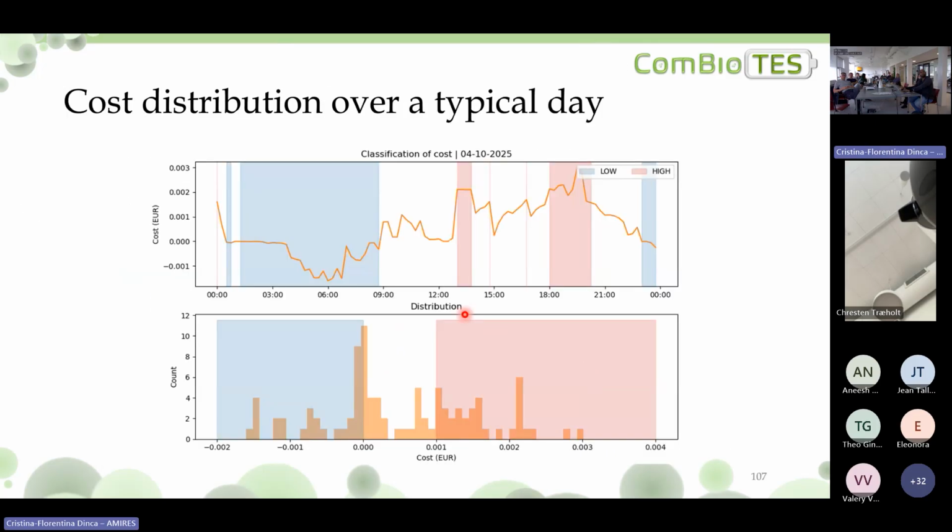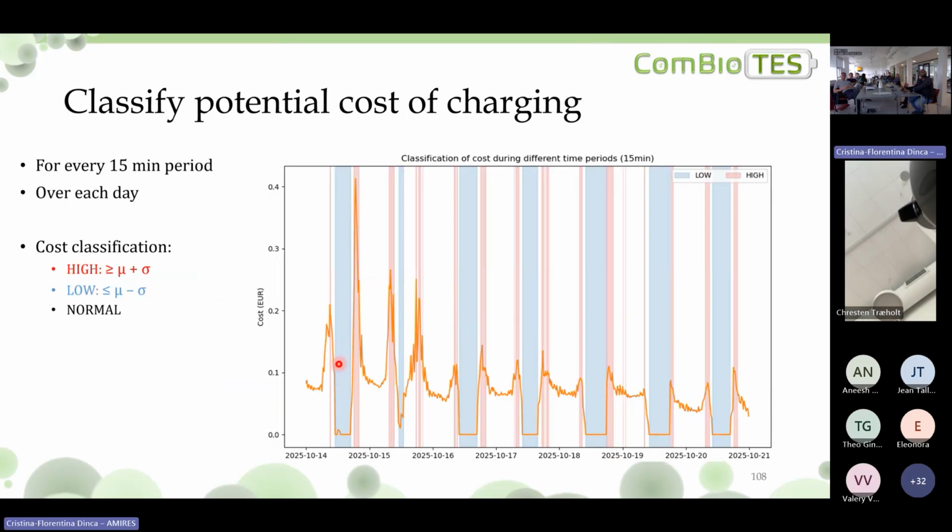And then we classify this cost of charging into high price periods and low price periods. Basically, when the prices are one standard deviation above the mean, we classify them as high price periods. And when they are one standard deviation below the mean, they are low price periods.